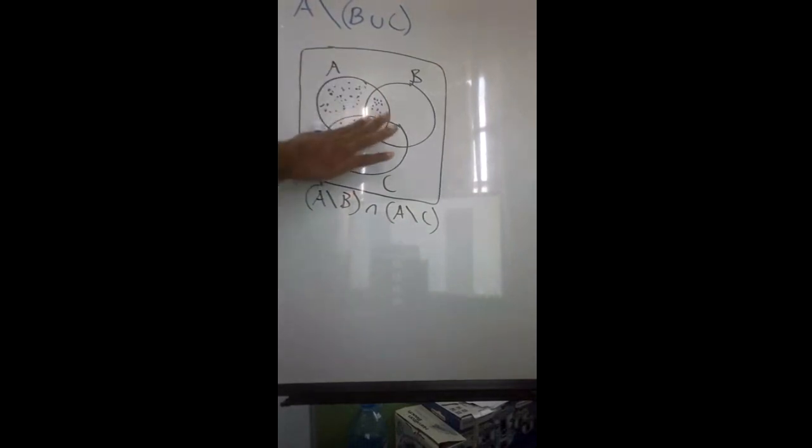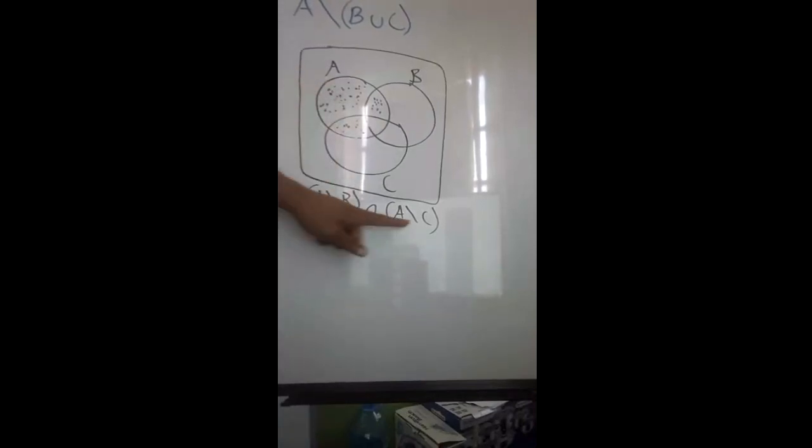Let's put these back. So the black dots, which we had before, were here and here. The blue dots are here and here. So let's mention them again. The first one shaded was everything in A but not in B, which is this and this. This is outside of the B, but they're in A. And then everything in A but not in C would be here and here.